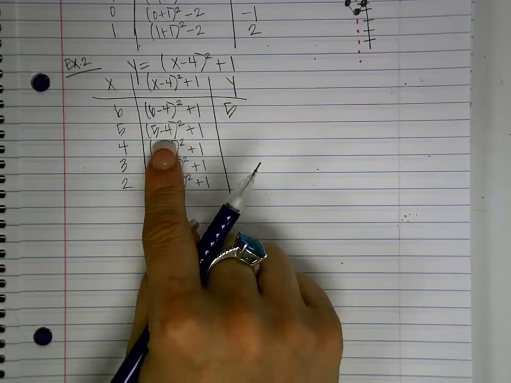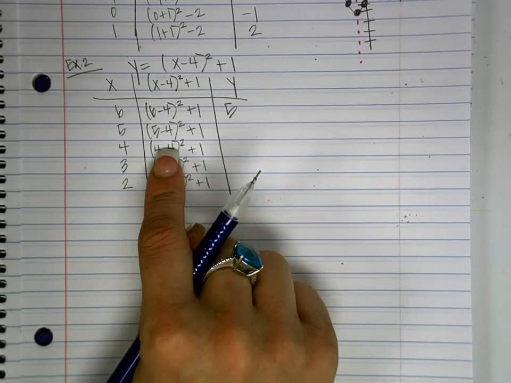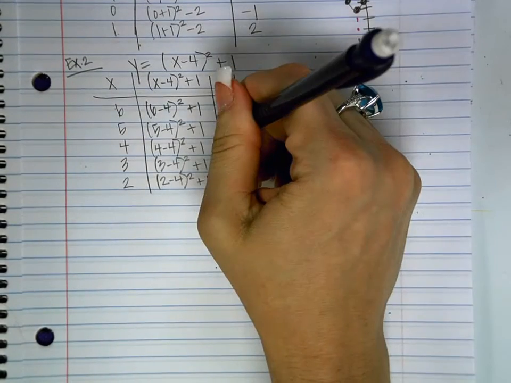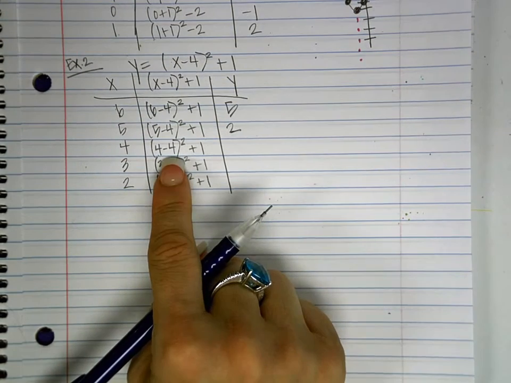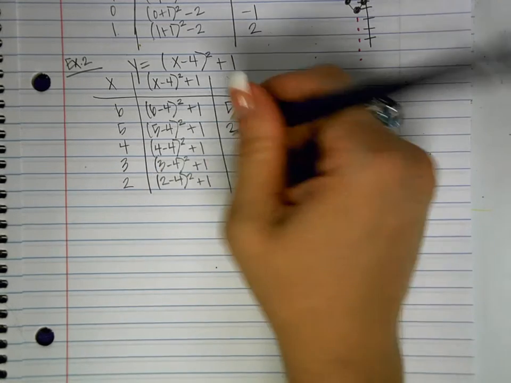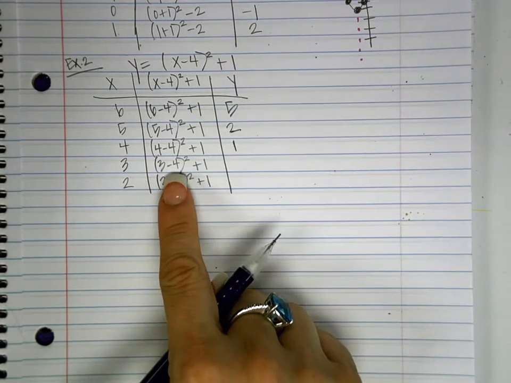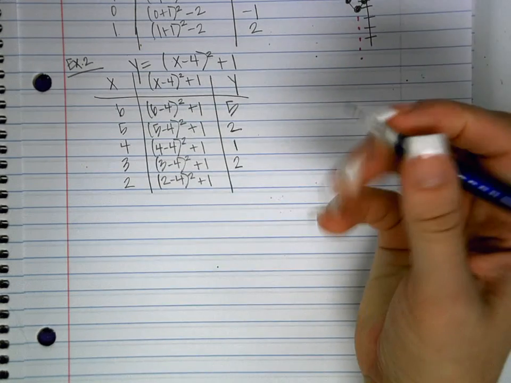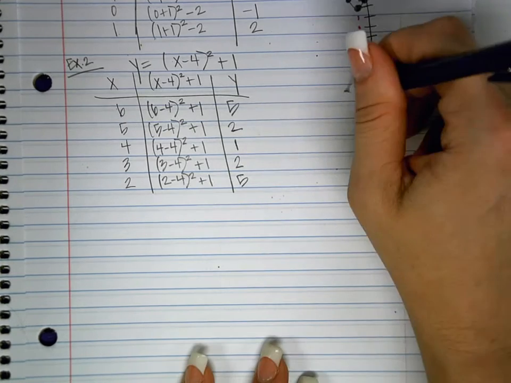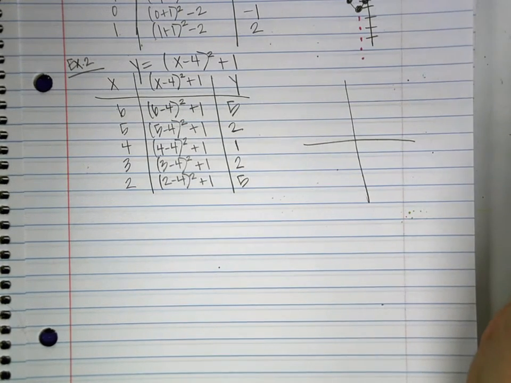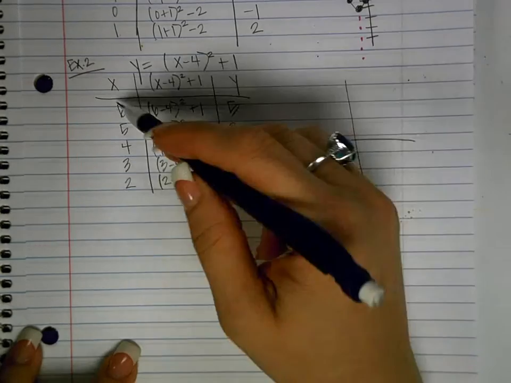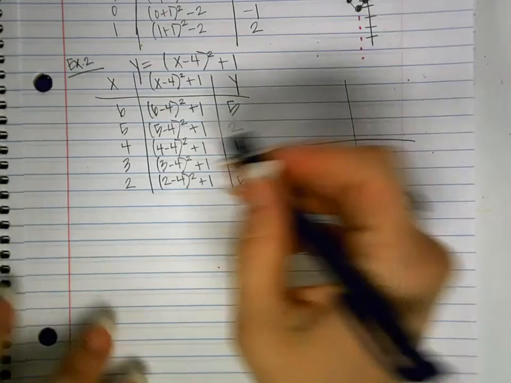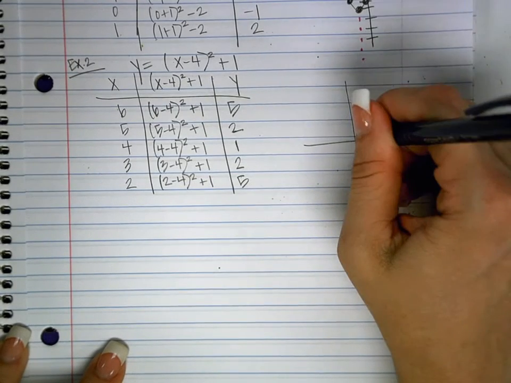If I plug in 5, 5 minus 4 gives you 1. 1 squared is 1. 1 plus 1 is 2. Next one, 4 minus 4 squared is 0. 0 squared is 0, plus 1 is 1. What do I get when I plug in 3? You get a 2 and a 5. I gave you these numbers on purpose so that these will form a parabola. They're balanced on equal sides. So over 6 up 5.